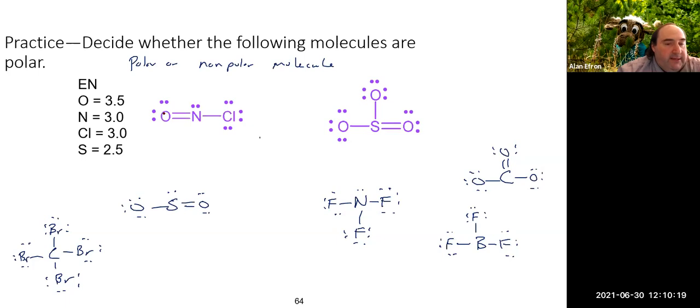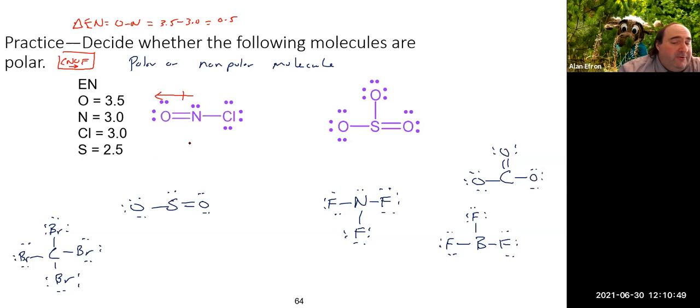So if we look between, say, our oxygen and our nitrogen, we got 3.5 minus 3 gives us 0.5. We really don't even need that because, again, if you look on the periodic table, carbon, nitrogen, oxygen, fluorine, we see oxygen is further to the right and it's in the same period, which means pretty safe bet to know that is going to be a polar bond.